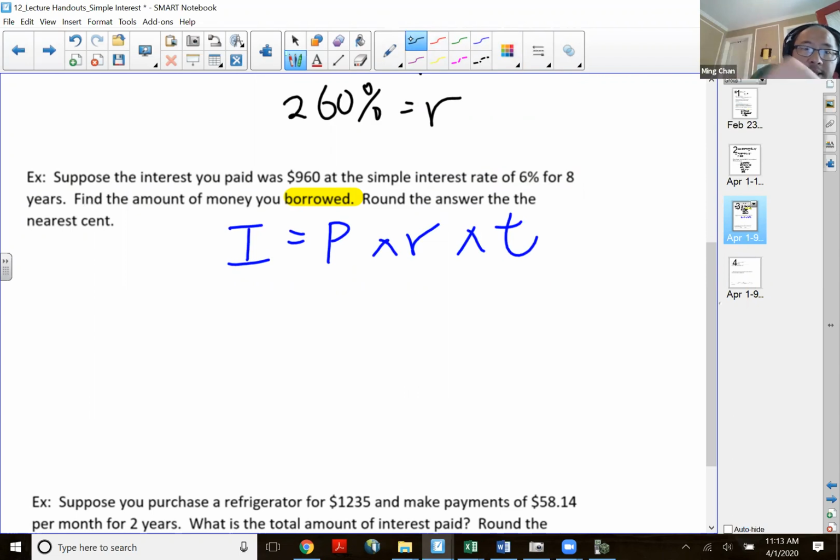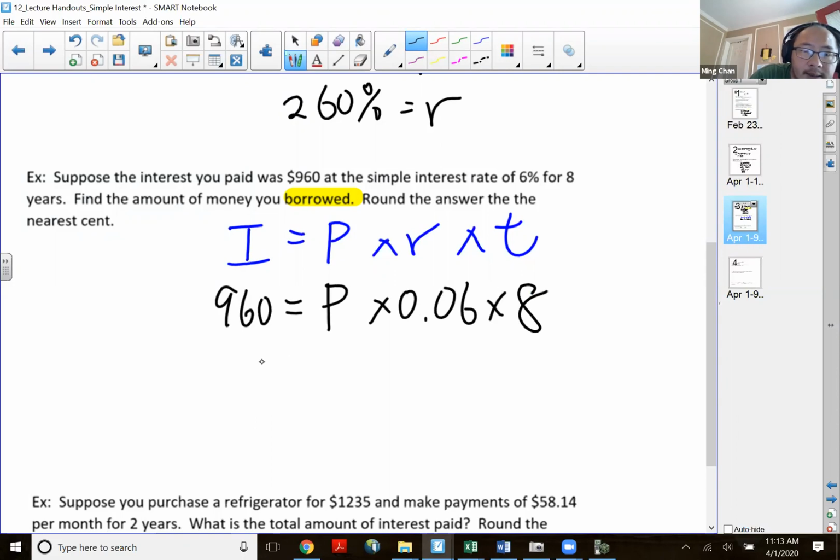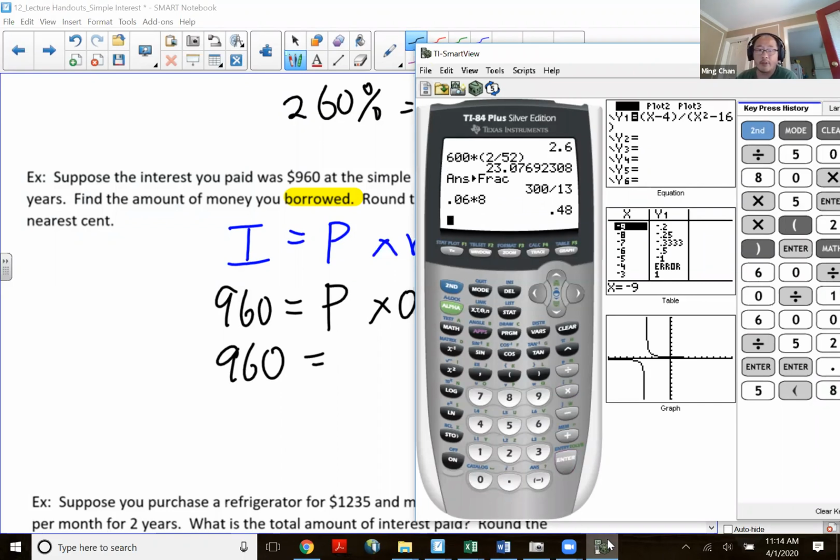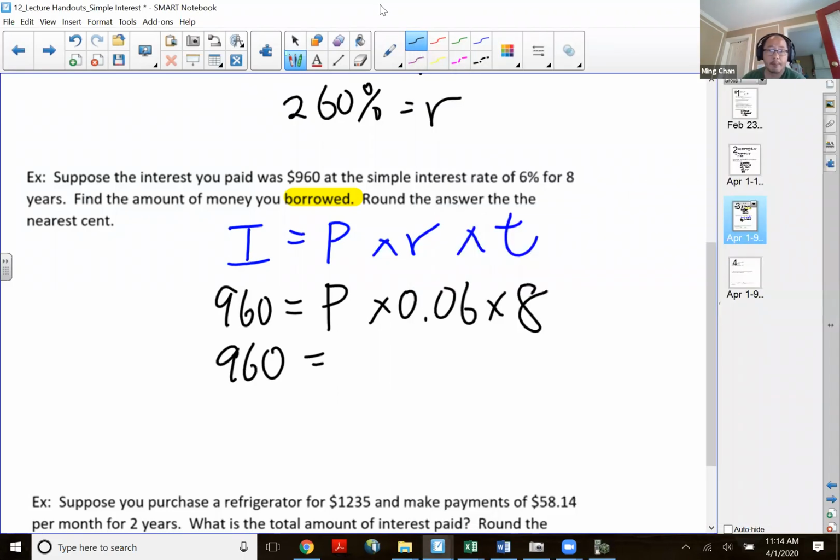The interest says 960 equals principal, which I don't know, times the rate, 6% is 0.06, times 8 years. The whole right-hand side, again, is only one term. So P times 0.06 times 8, that will give me 0.48 P.